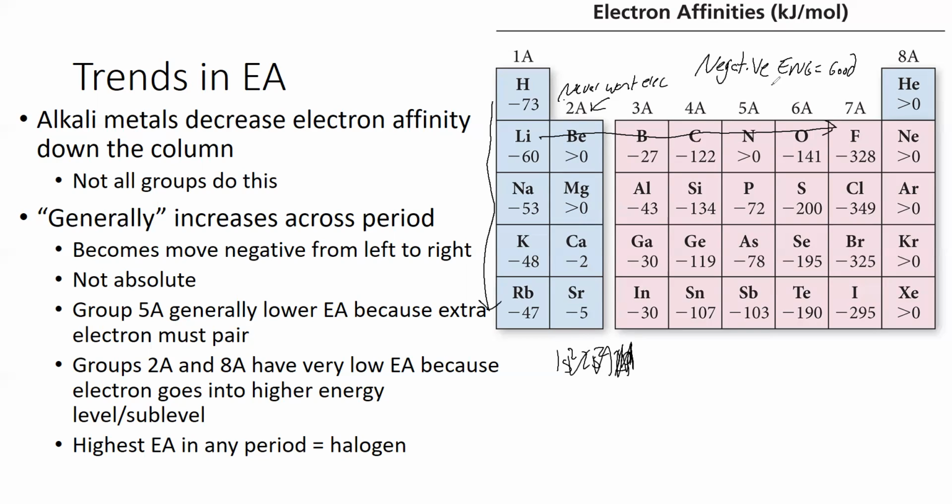For 5A, the electron affinities are generally bad because you have to pair. So let's look at that. Nitrogen is 1s2, 2s2, 2p3. Let's look at our p orbitals. Remember, for p, L is 1, so m sub L has 3 values, -1, 0, or +1. So we get 3 dashes.